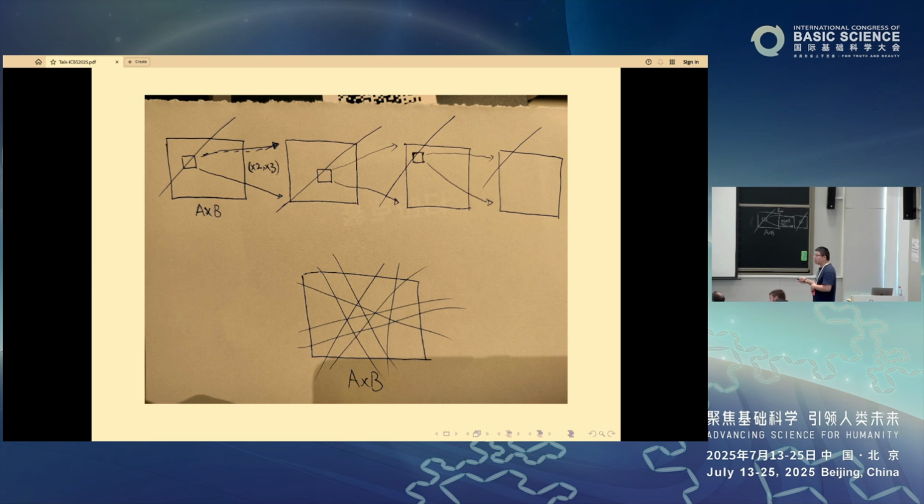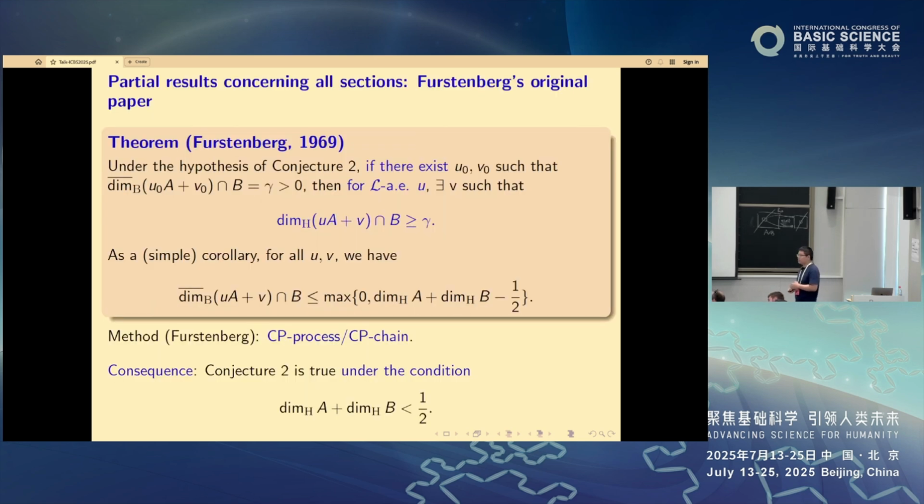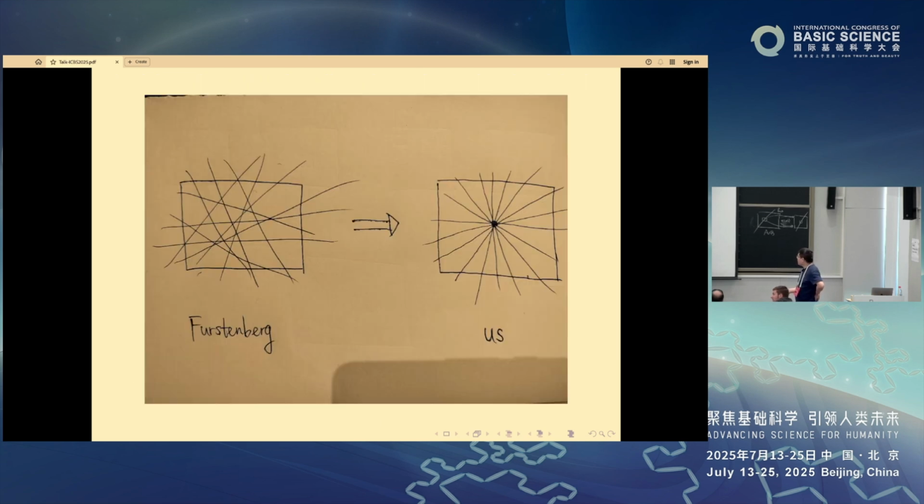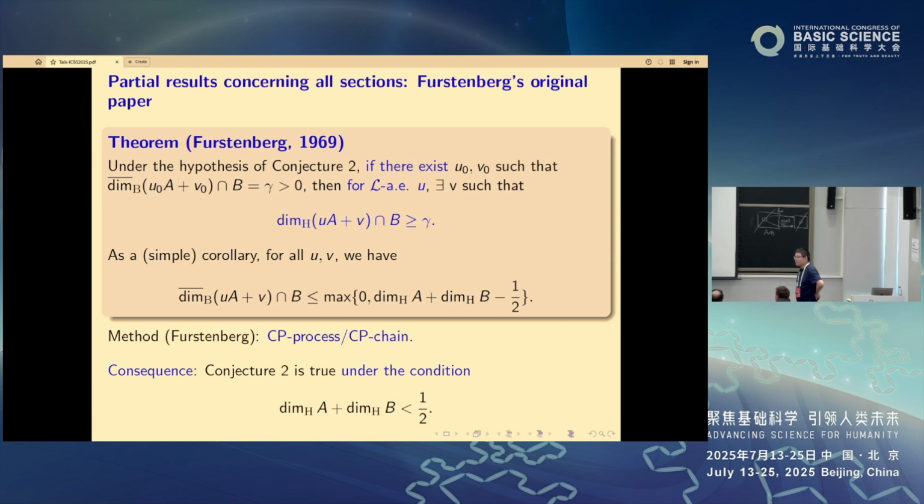Yes, I want to show that for almost every direction, the intersection with A times B has dimension s; such slices exist. What does the invariance have to do with why s appears?